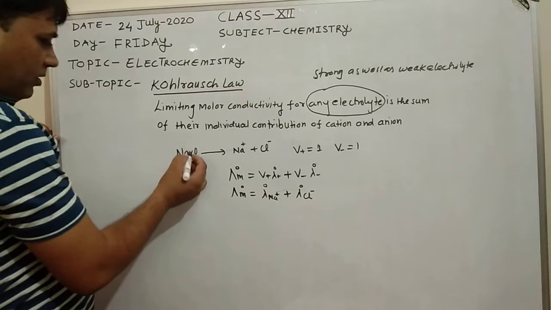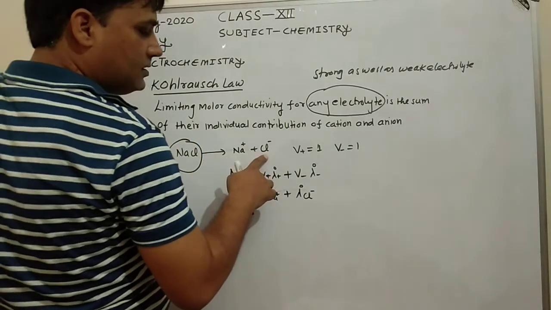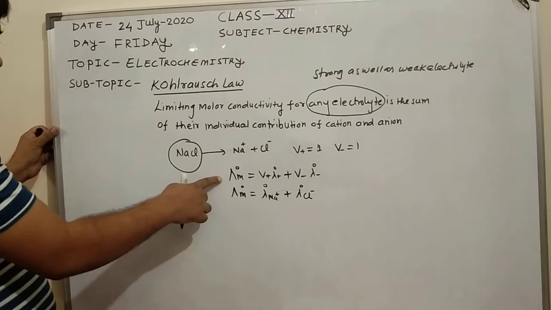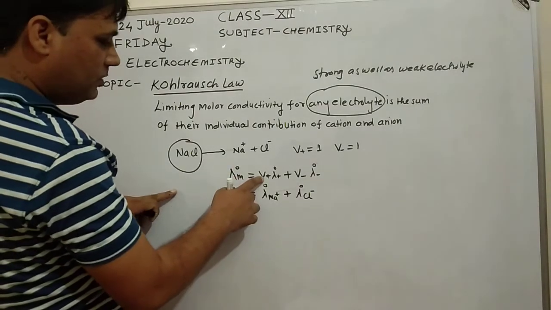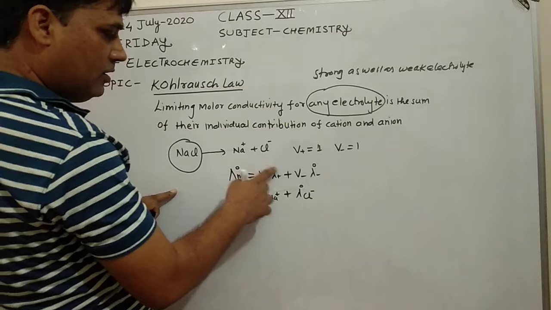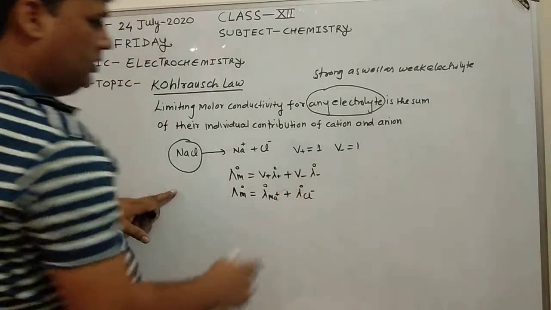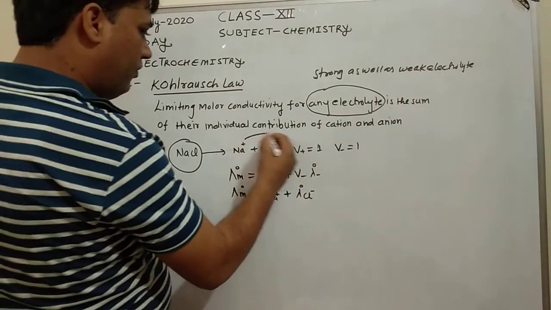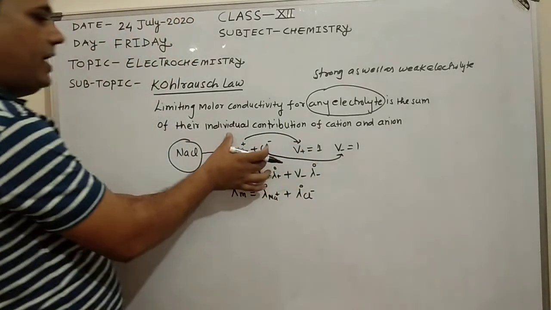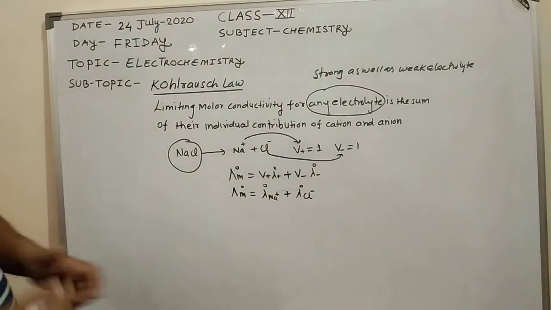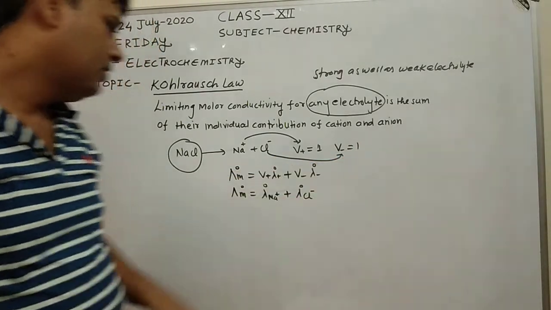If we take an example of NaCl, the cation is Na plus and the anion is Cl minus. So limiting molar conductivity can be written as lambda m naught is equal to nu plus lambda plus naught plus nu minus lambda minus naught. Nu plus is the number of cations and nu minus is the number of anions. In this case, cation is 1 and anion is 1.